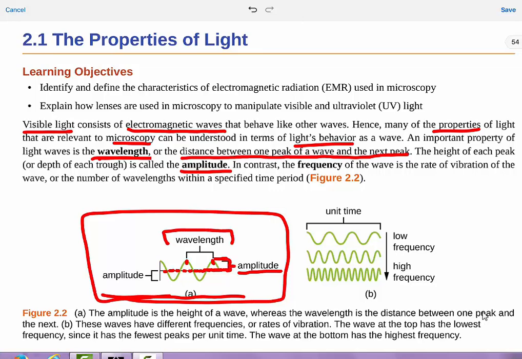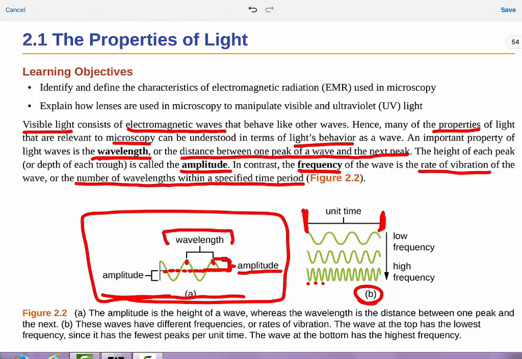And then in contrast, the frequency of the wave is the rate of vibration of the wave, or the number of wavelengths within a specified time period. They're showing that here in B. They're picking this unit of time, let's say from here to here, and then you can see frequency is the number of waves between this part and this part.